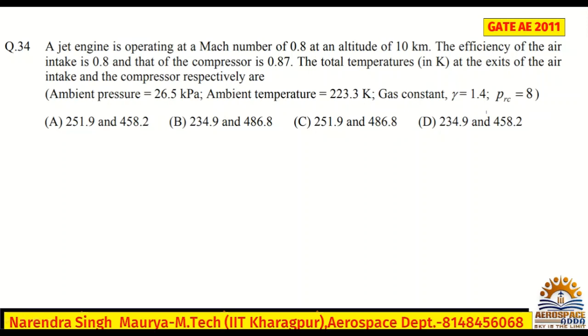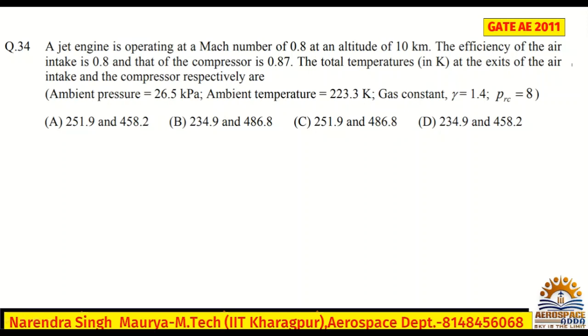This is another problem. Alright, GATE 2011 question number 34. Check. They have given that an engine is operating at a Mach number of 0.8 and altitude of 10 kilometer.